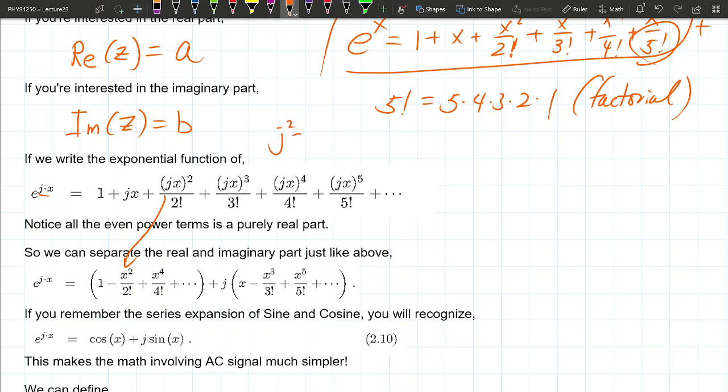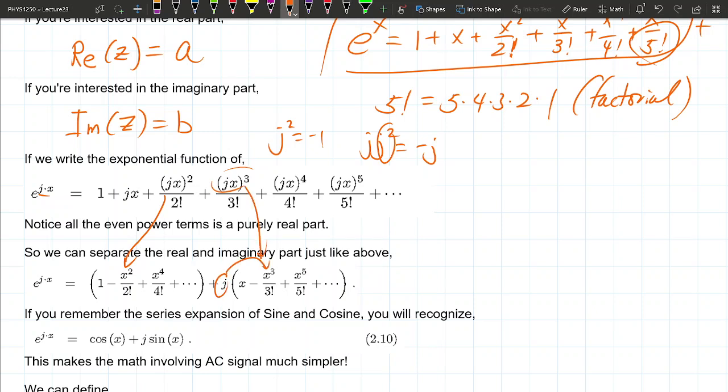So j squared equals negative 1. What's j times j squared then? Negative what? Negative j, because there's one little factor of j left. So this j to the third is actually negative j times x to the third.